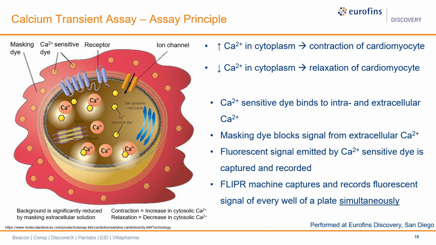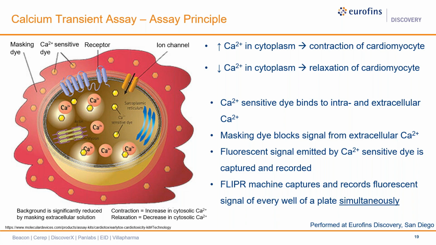So how are we measuring the intracellular calcium oscillations in the cardiomyocytes? We are using a calcium-sensitive dye that can bind to both intra and extracellular calcium. In addition, we are also using a masking dye that blocks signal from any extracellular calcium or extracellular dye.